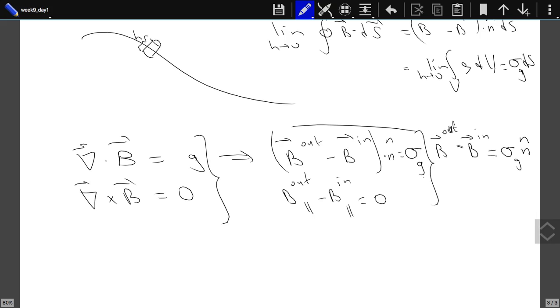I cannot obtain this result by just the Gauss law. I also need to know its curl. If the curl of this vector field is 0, whatever this vector field is, then I can move this n to the other side. But this first law is always true as long as you have this Gauss law.